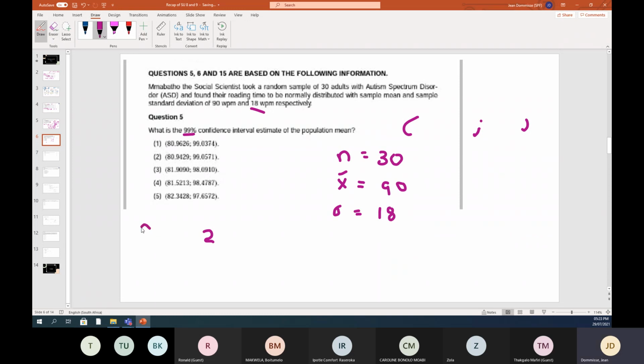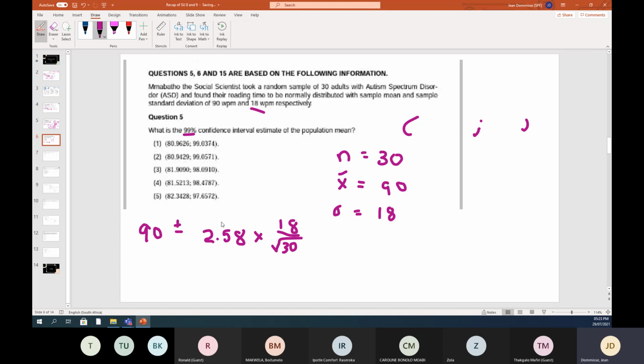So we have x̄, which is 90, plus minus z times the standard deviation of 18 divided by the square root of 30.